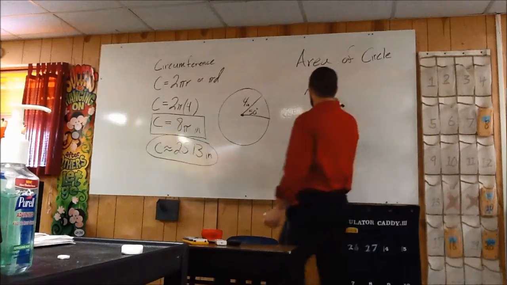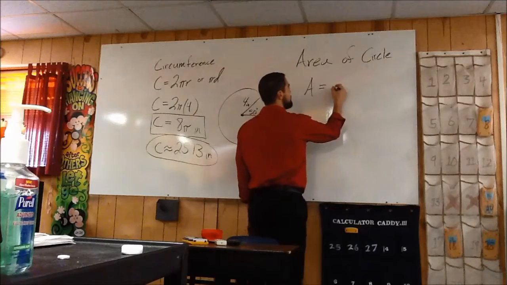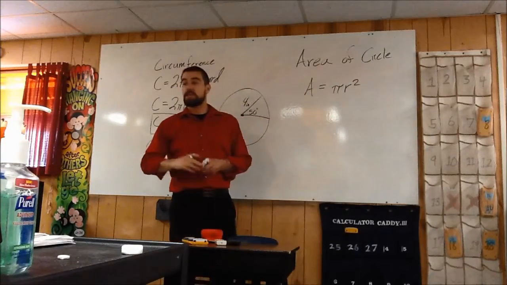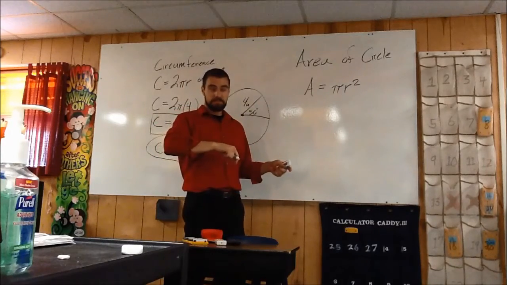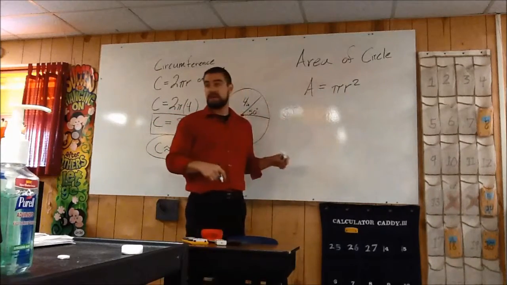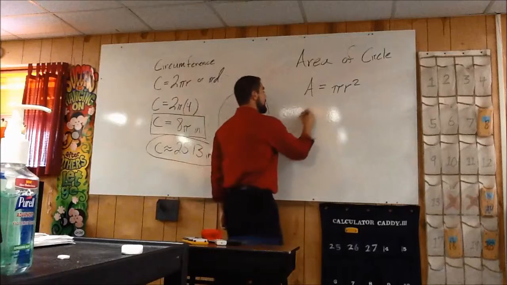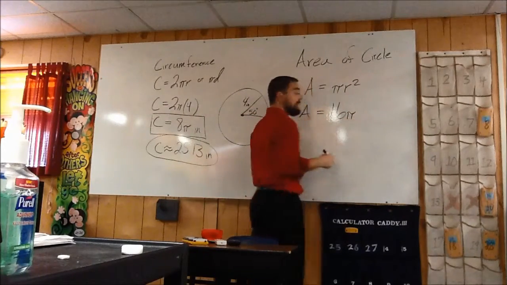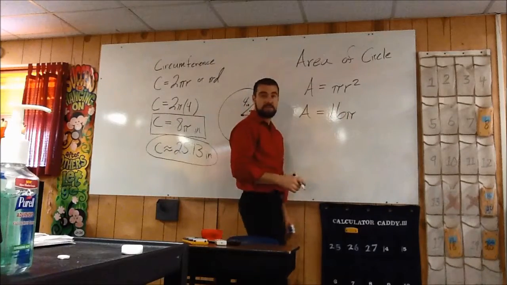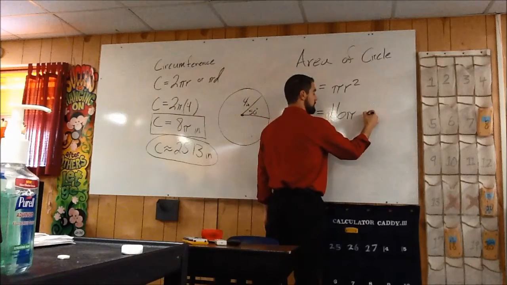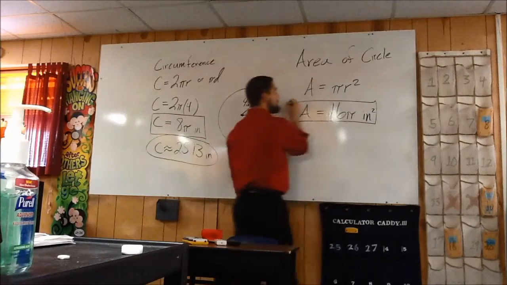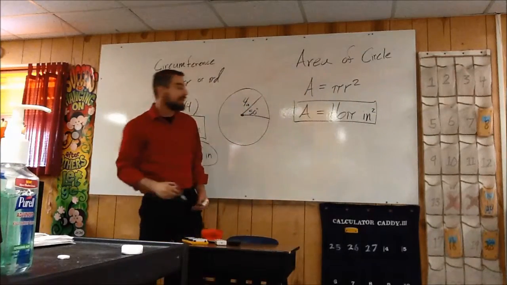Let's go ahead and do the area. Who remembers the formula for the area of a circle? Pi r squared. Area is units squared. So we need to square the radius, so we have units squared. The area for this is going to be exactly 16 pi, what's my units? Inches squared. So the area is exactly 16 pi inches squared.